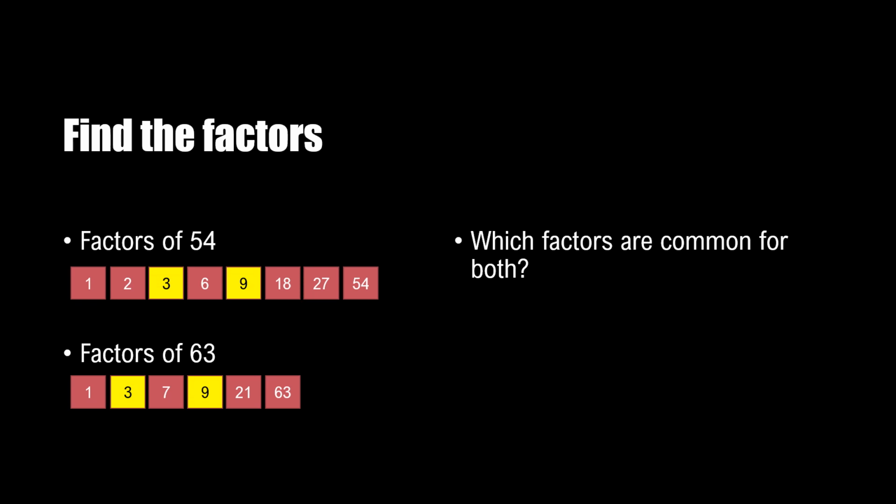It's 3 and 9. We are not considering 1 because 1 is a factor of all numbers. So 3 and 9 are the factors which are common for both 54 and 63. Between 3 and 9, which is the larger number? 9 is the larger number.